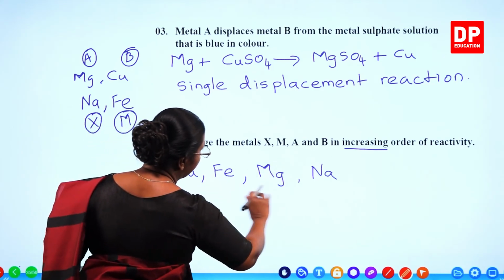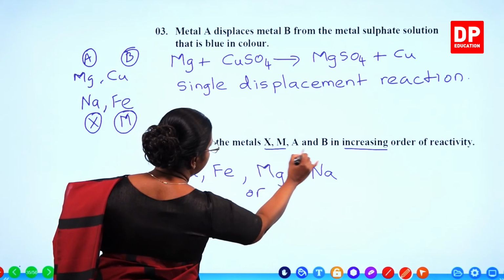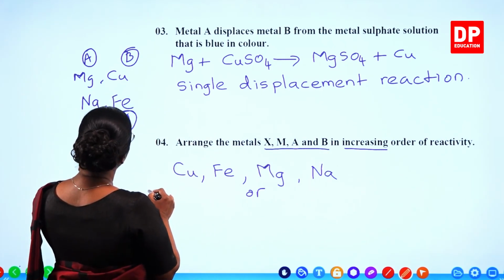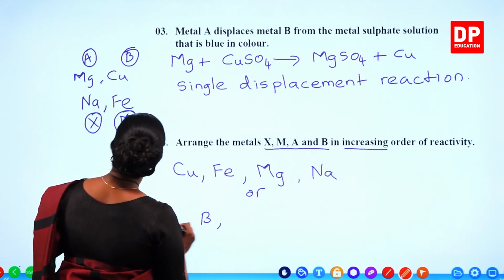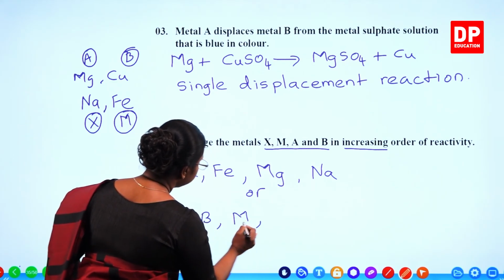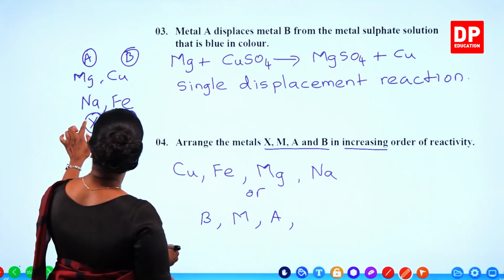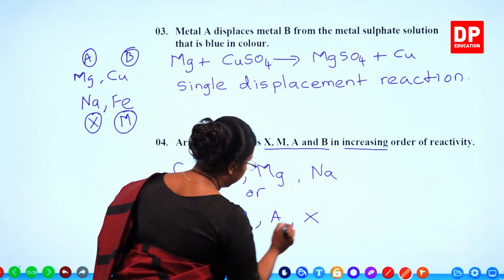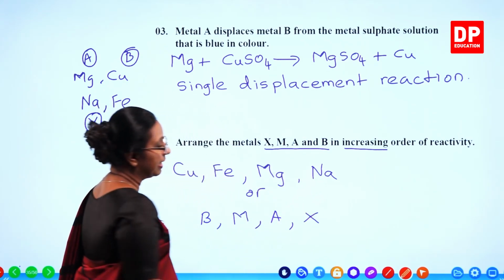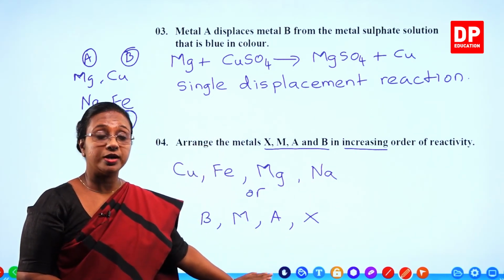So in this, you can either write this order or, because they have said X, M, A and B, we can write it as B, then iron is M, then we have magnesium A and sodium X. So B, M, A, X, or copper, iron, magnesium and sodium.